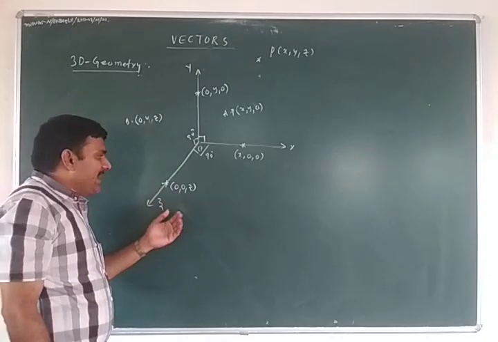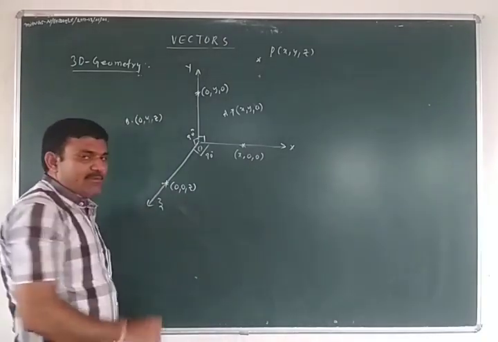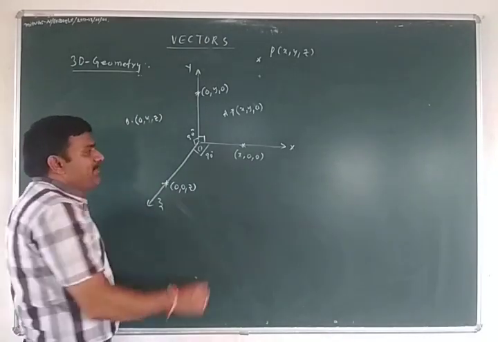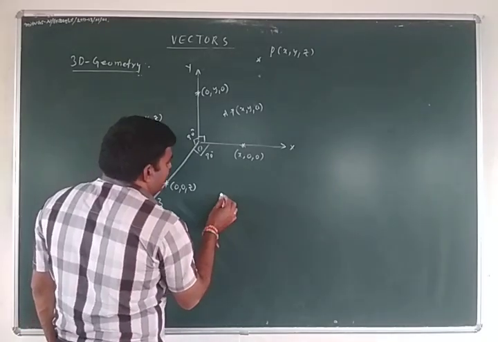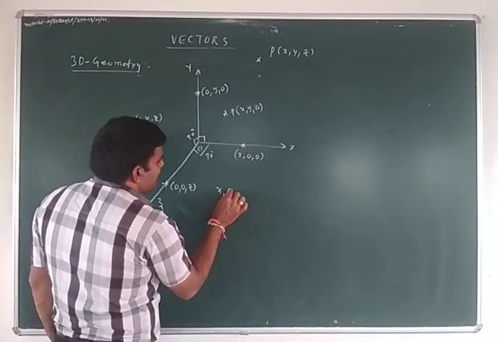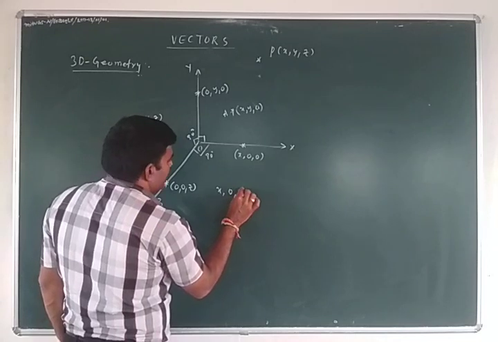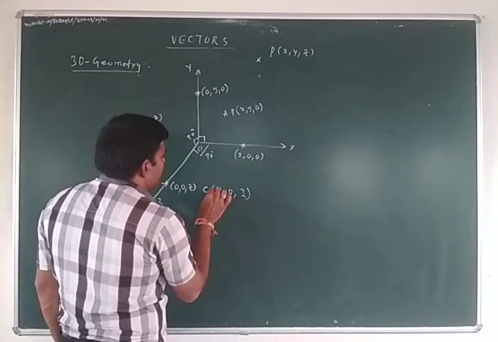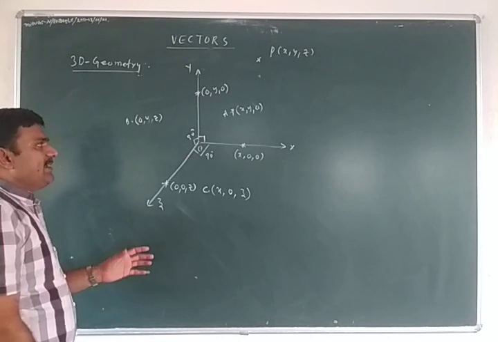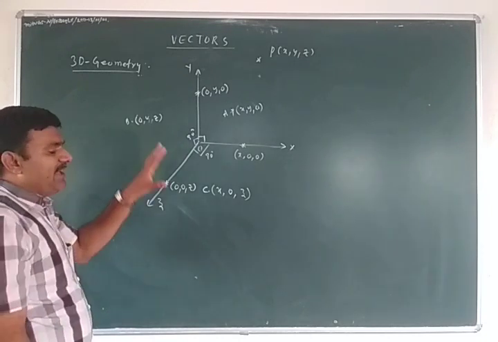But suppose a point lies on the xz plane. In that case the y coordinate is 0, so the point is x, 0, z. These points are very important.